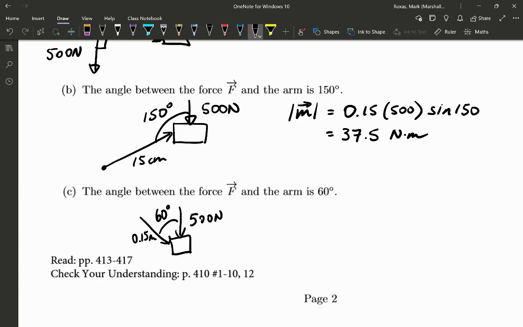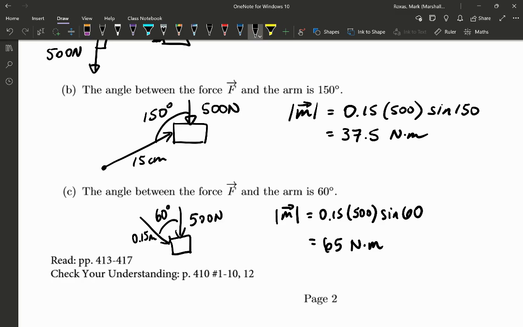And then the result is going to be the moment equals 0.15 times 500 times sine of 60, which is 65 Newton meters. So a little bit more of a moment as the angle between the two gets a little bit smaller.